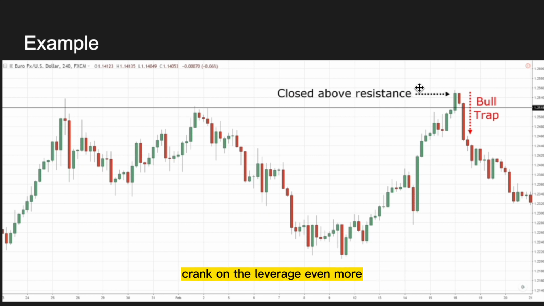So then they probably just crank on the leverage even more, when in fact it was just a liquidity hunt, and bears send it down immediately, having all these longs trapped. And they would hopefully close after this low with a stop loss, or sometimes some people stick to their position. They're a little stubborn. They would hold it the whole way down and it never really goes back up.